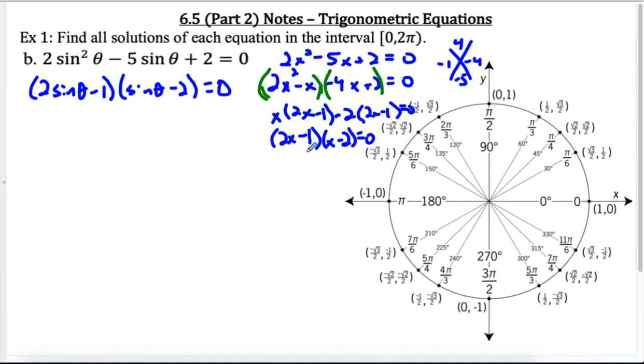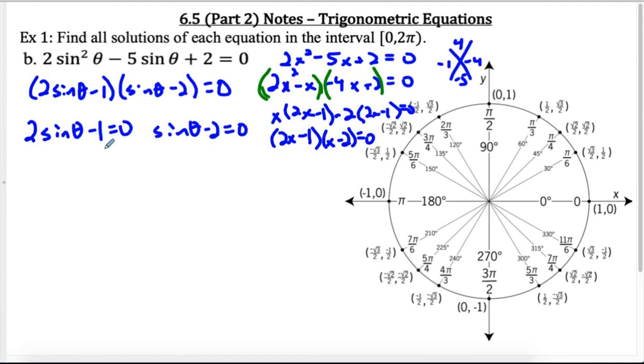We did our factoring, right, and came up with 2x minus 1 times x minus 2. So if I put the sine back in for x, this is what my original equation would look like factored. Now we can do the same thing we did in the first example. Set each individual factor equal to 0. So 2 sine of theta minus 1 equals 0, and sine of theta minus 2 equals 0.